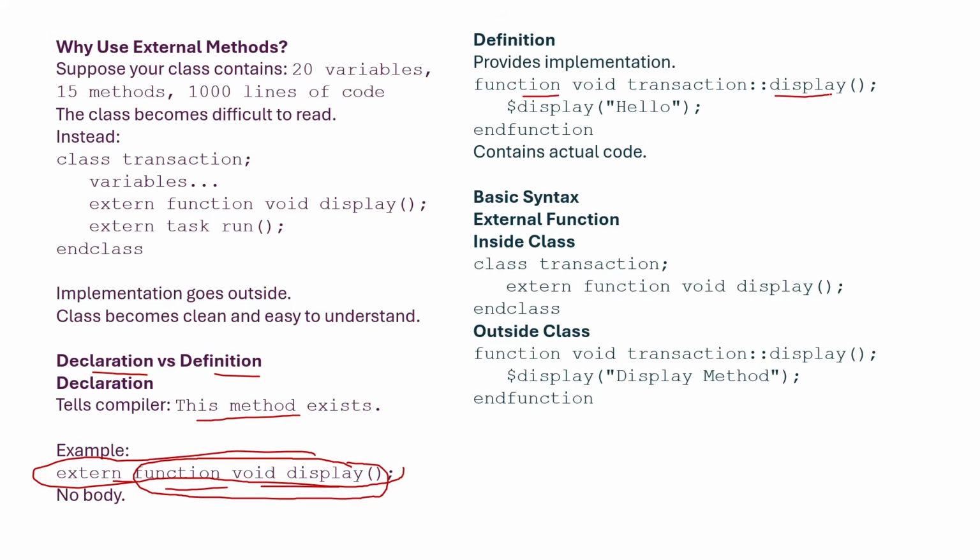You can write that function outside the class, and you need to tell which class this function is related to, either the transaction class, driver class, scoreboard class or monitor class. We need to set that by using the scope resolution operator. Function void, class name, scope resolution operator, and method name.